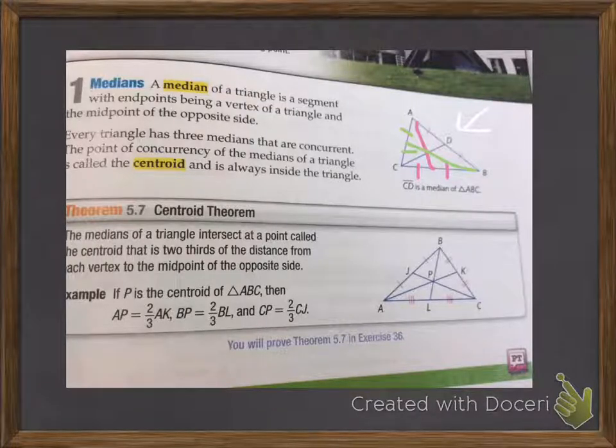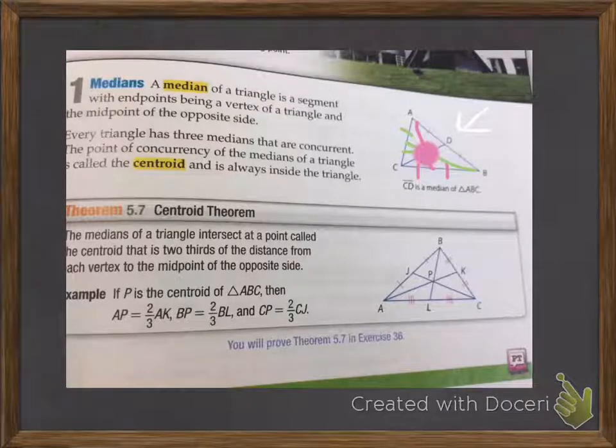And it says the point of concurrency of the medians of a triangle, meaning the point in the middle, which is right here, would be called the centroid. And that's always inside the triangle. So it talks about the centroid theorem, which is the medians of a triangle intersect at a point called the centroid. In this case, P is the centroid.